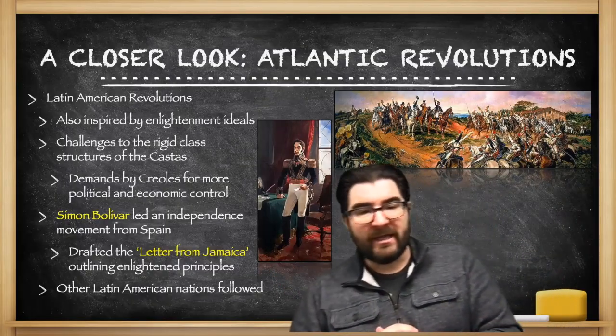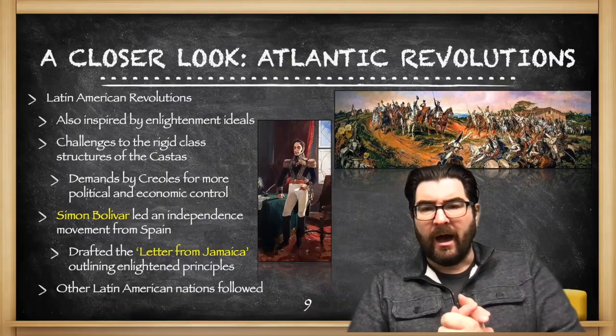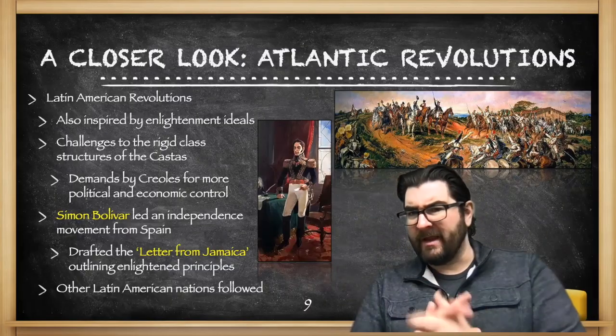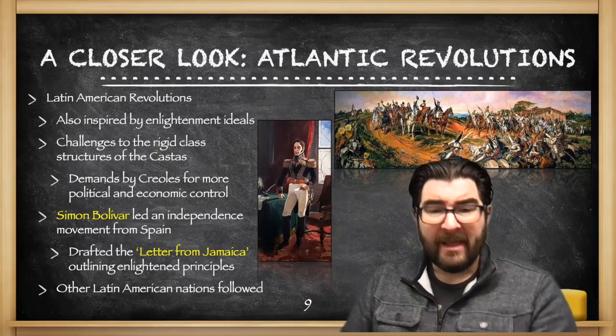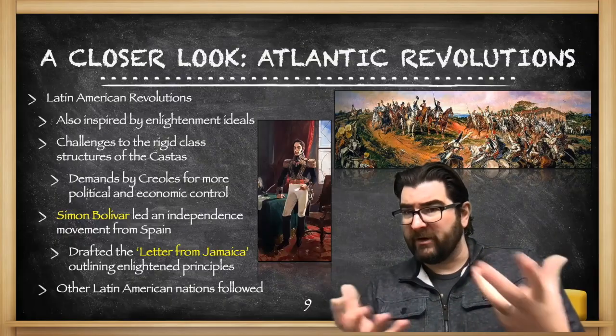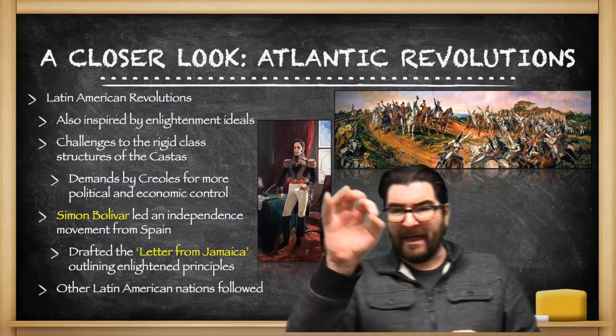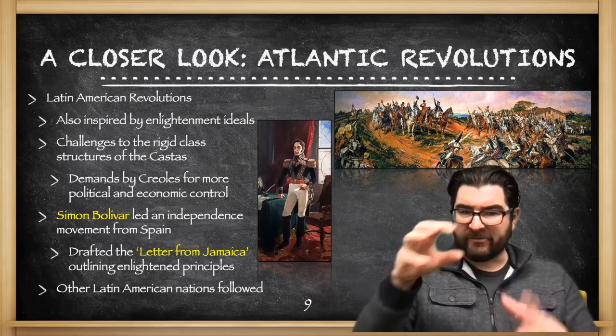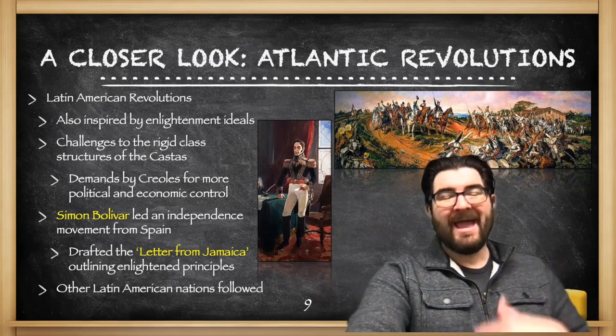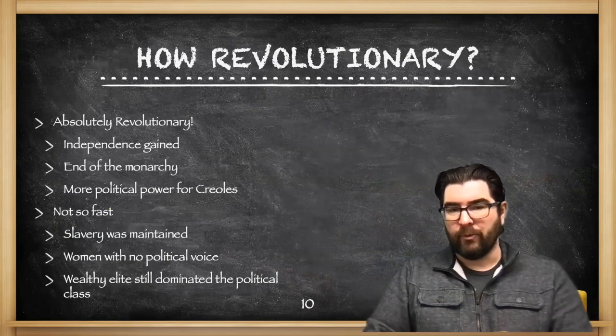Simón Bolívar would lead an independence movement against Spain out of what is today Venezuela. He drafted a letter from Jamaica, what is known as the Letter from Jamaica, that outlines his revolutionary ideals based on Enlightenment principles. And other Latin American nations would follow.